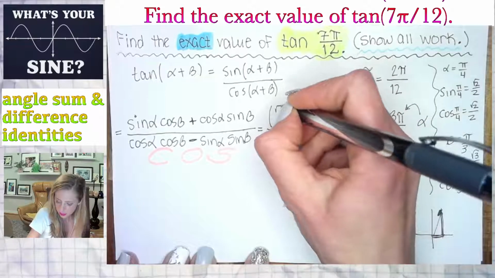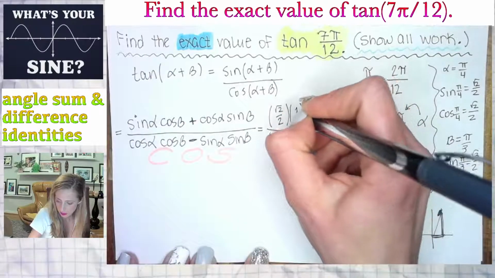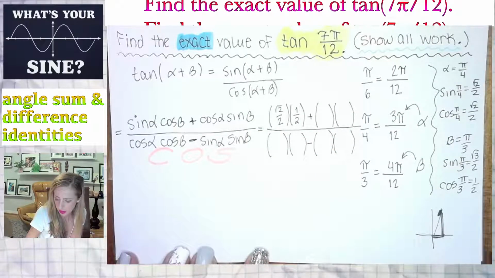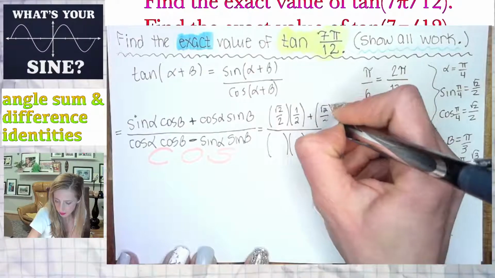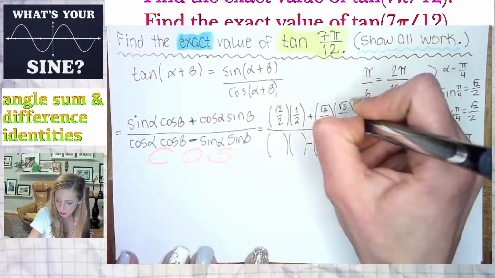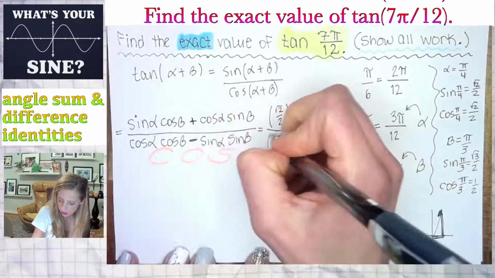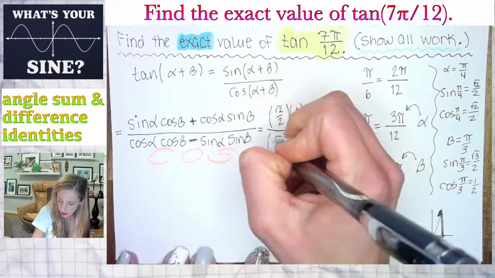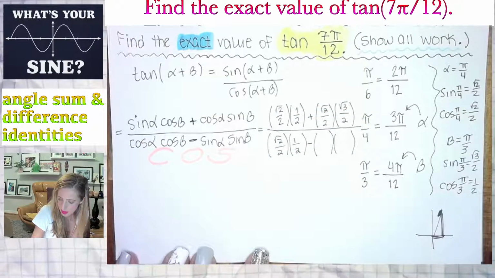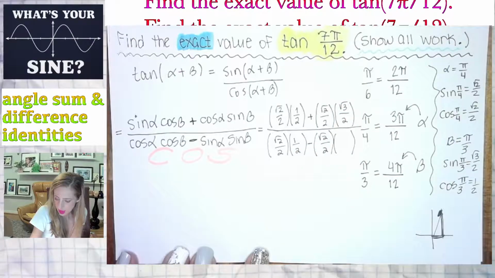Sine alpha, cosine beta, cosine alpha, sine beta. Denominator: cosine alpha, cosine beta, sine alpha, sine beta.